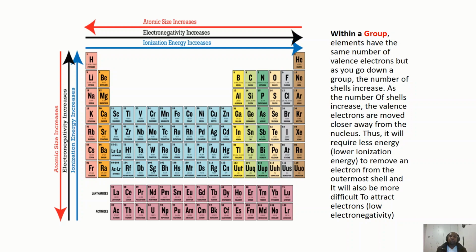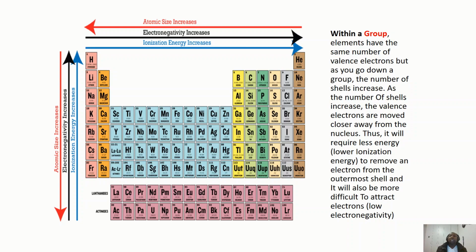So for example, lithium has an atomic number of 3. That means it has 3 protons and also 3 electrons. If you distribute the electrons, lithium is going to be 2, 1. So that 1 is the valence electron that is in the outermost shell of the atom.